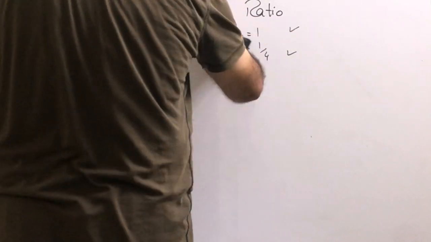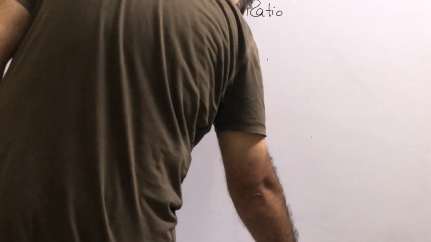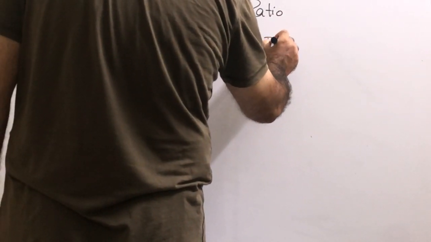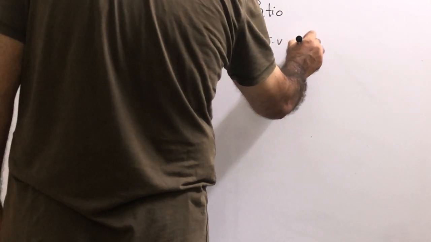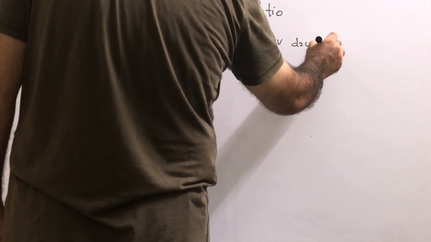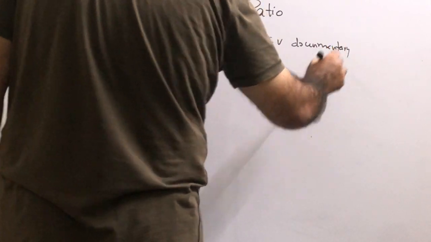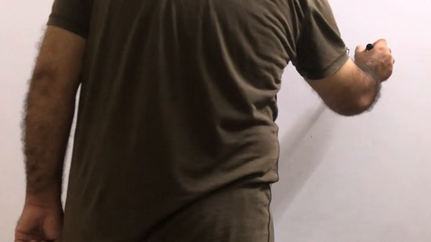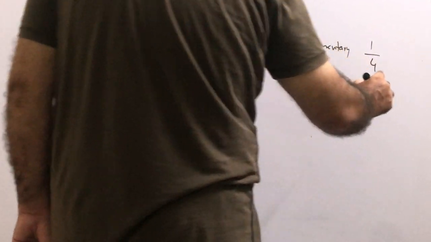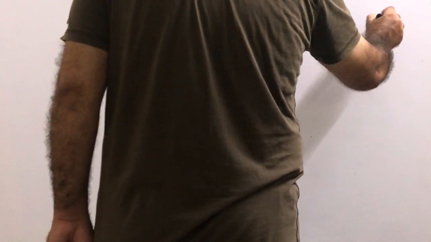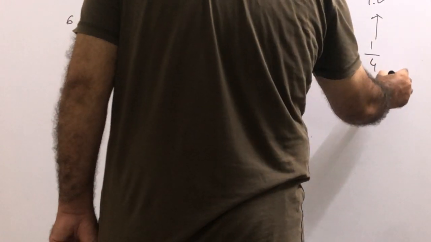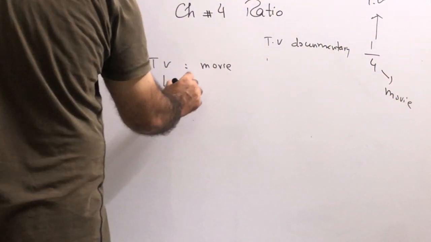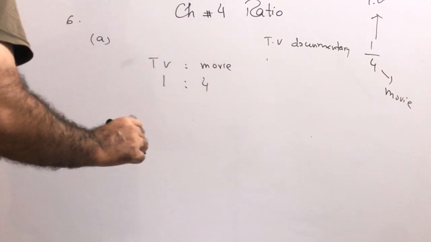We will revise this like this. It is mentioned the duration of television documentary, TV documentary, is 1/4 the duration of a movie. Okay, so 1/4. Okay, so 1 is TV, 4 is movie. Okay, TV is 1 and movie is 4.